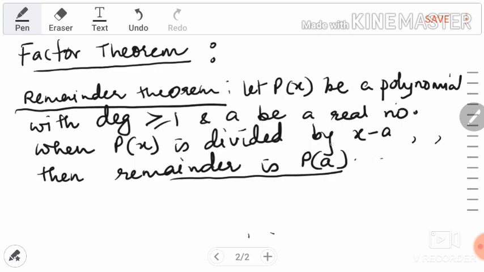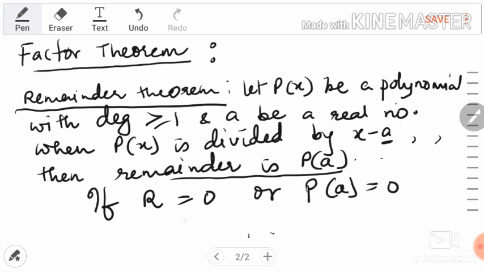So the value of polynomial at a gives us the remainder. Now if this remainder is equal to 0, or p of a is equal to 0, then what can we say about x minus a?